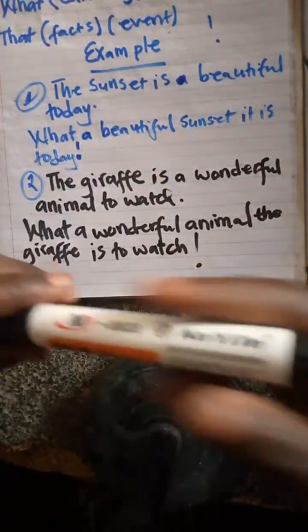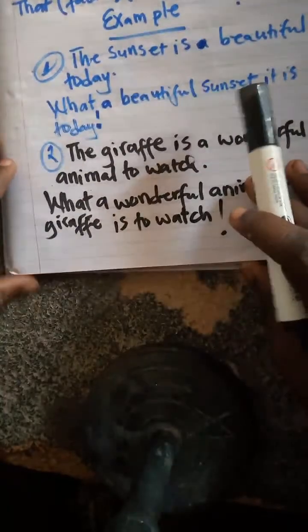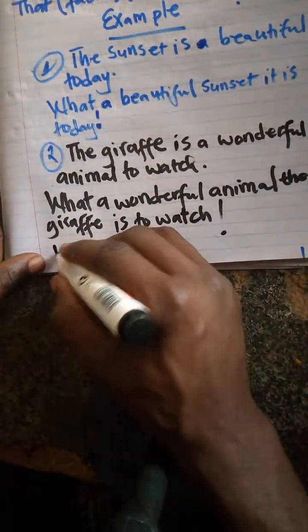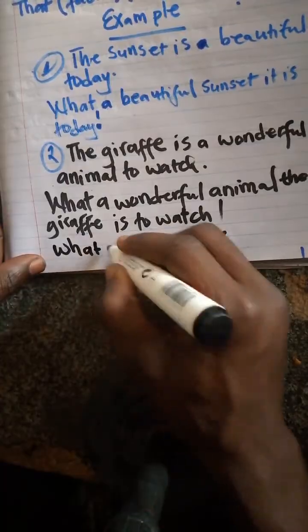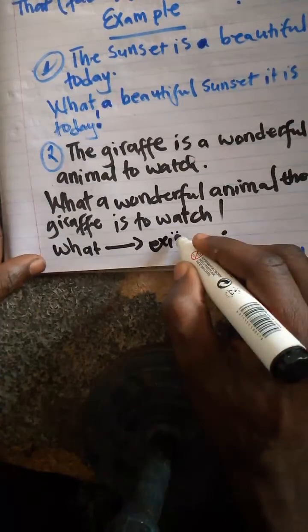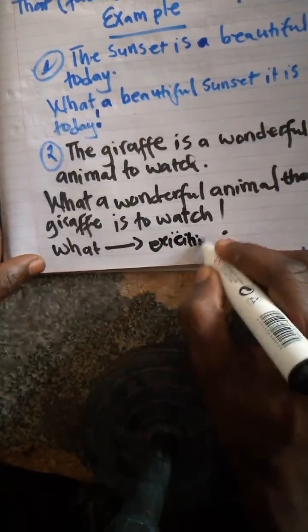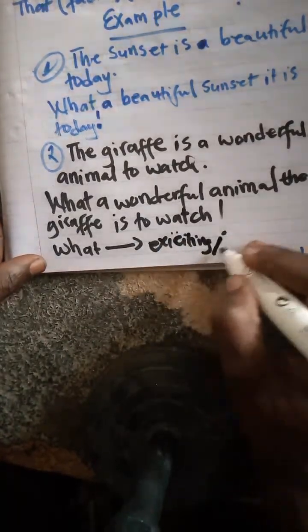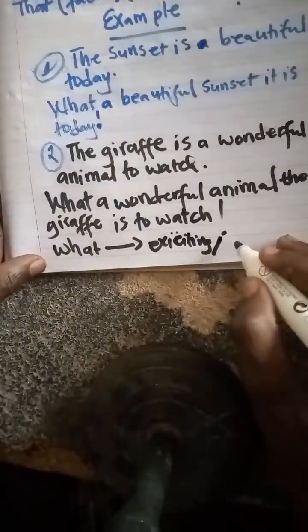So we can simply summarize this. Whenever you are writing what rewrites, what must be followed by something exciting. So this is the equation we can use: something exciting slash surprised.